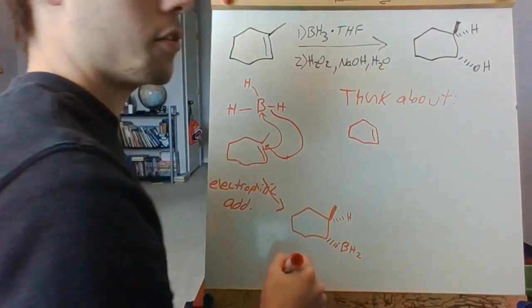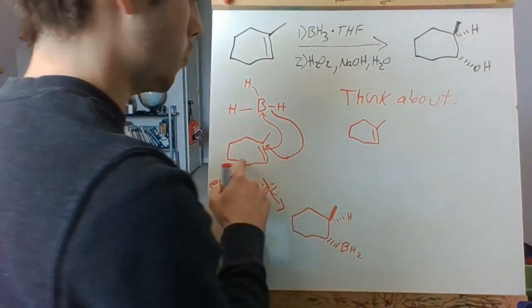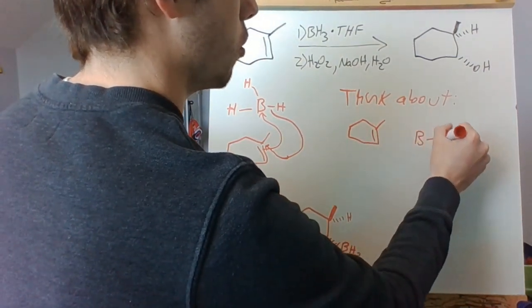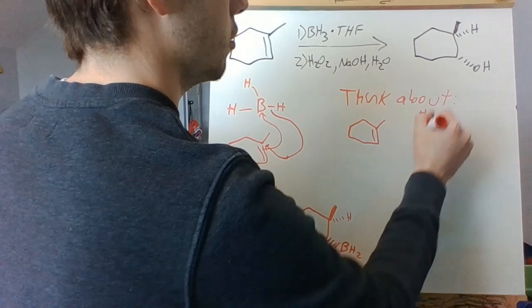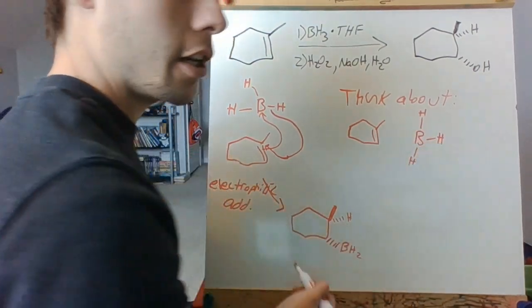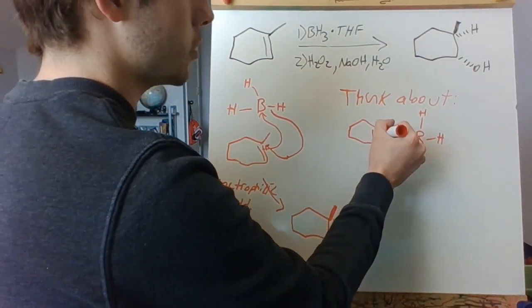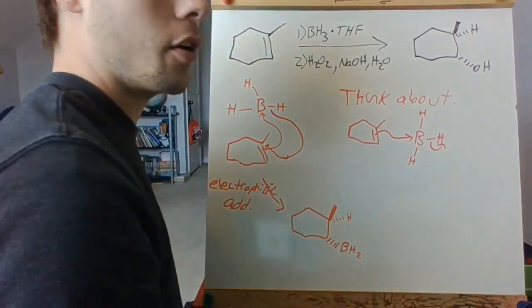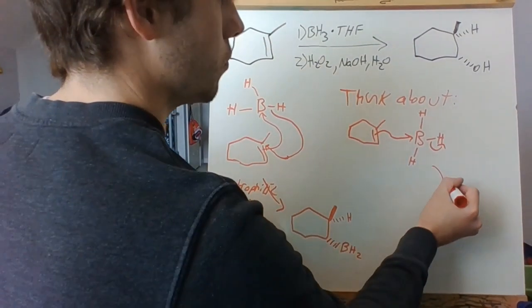So I'll just draw out this alkene here, same one we had over here. And again, remember that our boron is partially positive and our hydrogens are partially negative. So you can think about it as going electron rich to electron poor. And then we kick out H- as our leaving group.